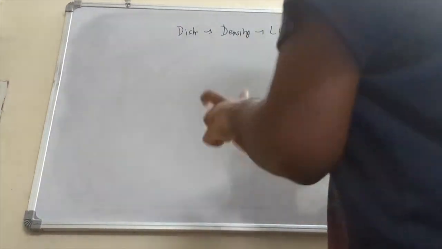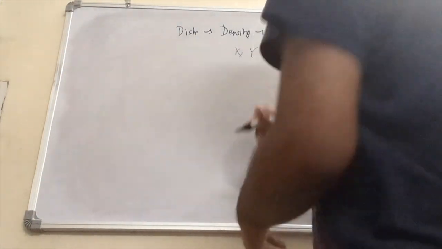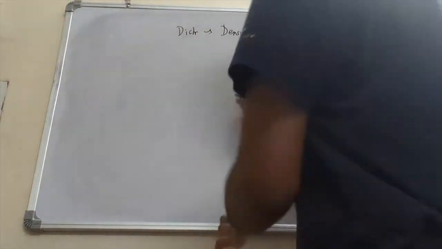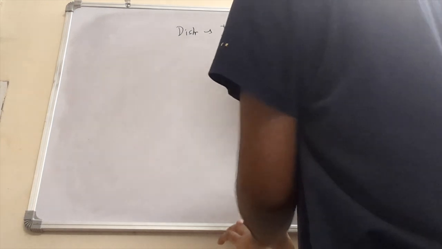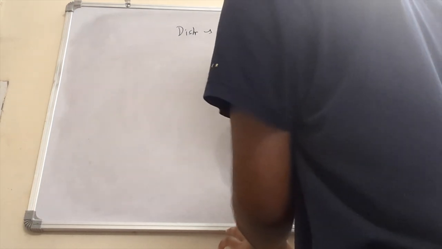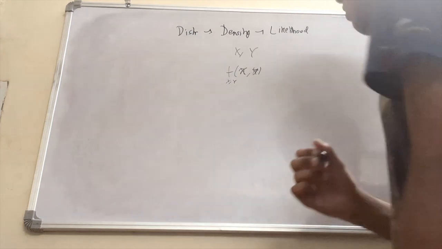Now there are some other interesting aspects of this in general. So let us say we have two random variables, X and Y. We can define a joint density function, f of x and y, under X and Y. This is small x, small y.